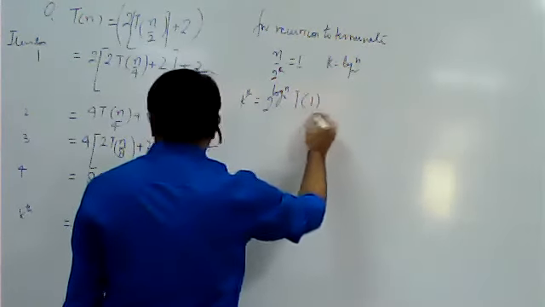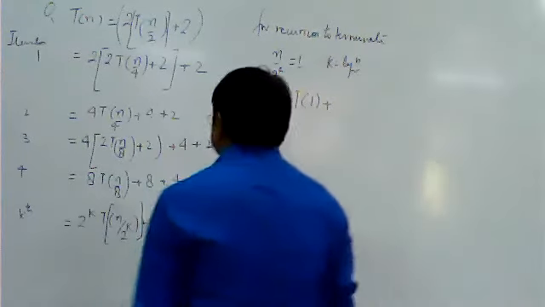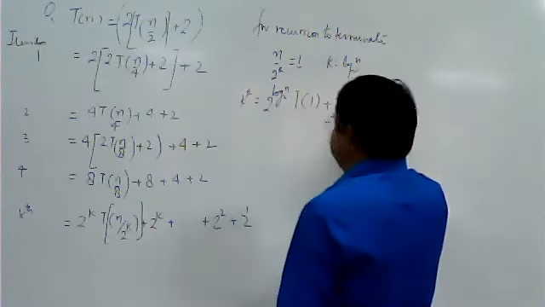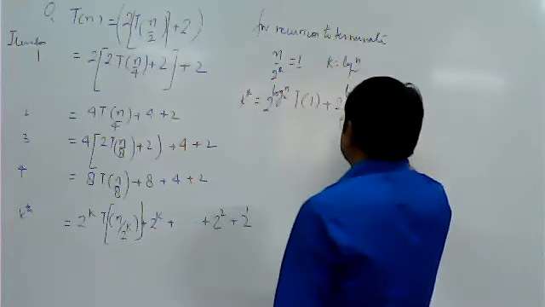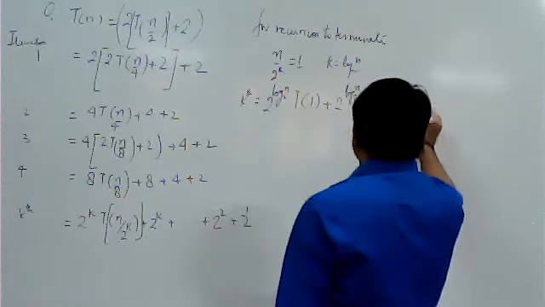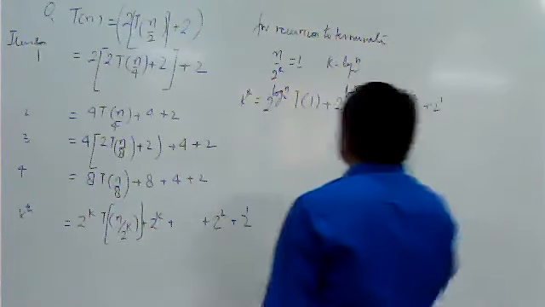t1 plus 2 to power k. So value of k is log n base 2 plus 2 to power 2 plus 2 to power 1.